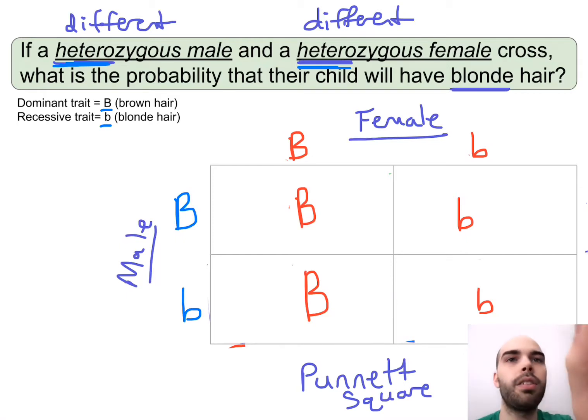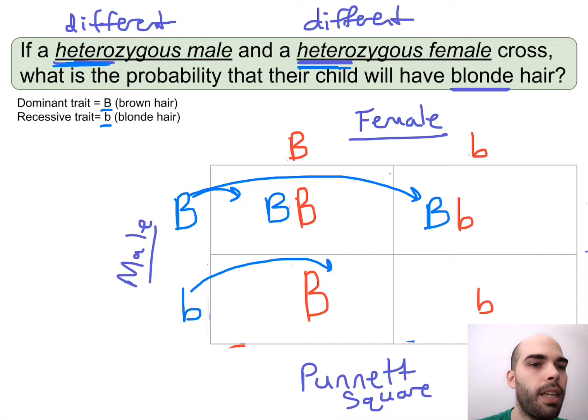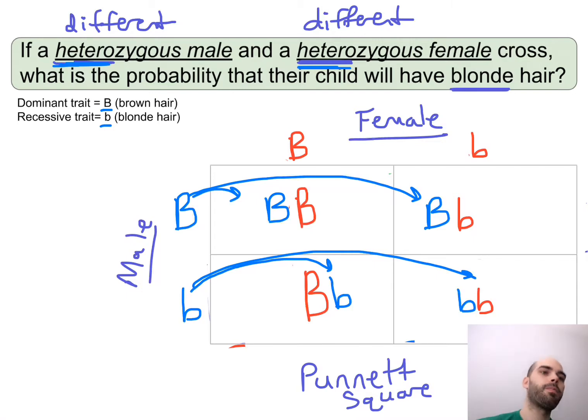We're going to take his capital B and put it in both boxes. Remember, the capital letter always goes first. And then we're going to take this little b and put it in both boxes.